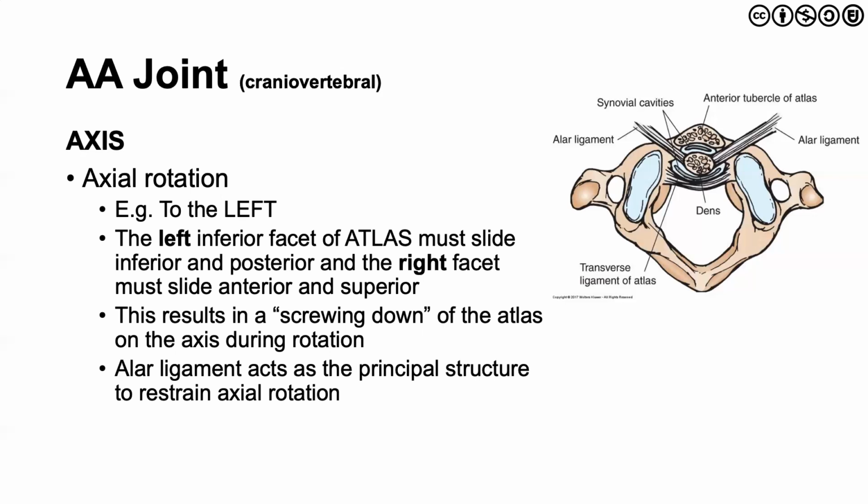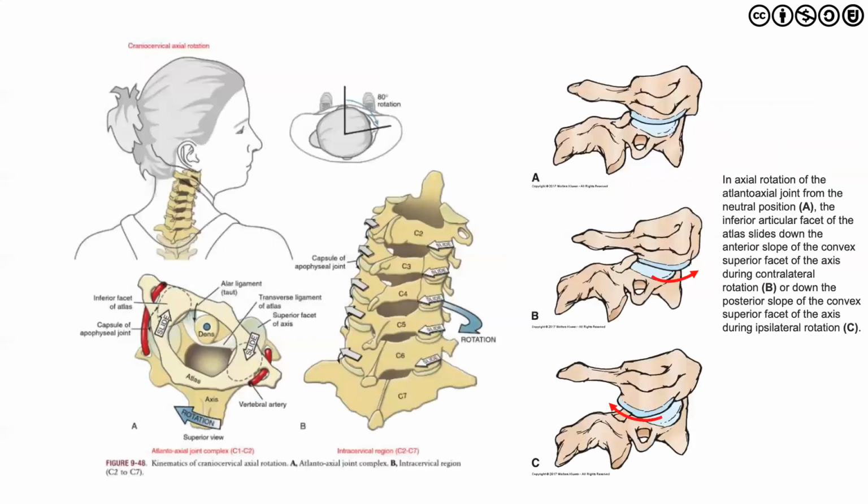And so this is a fairly stable motion. Again, we can see that illustrated here, where the alar ligament becomes taut as we begin to move into end range rotation. Additionally, you can appreciate the orientation of the articular facets as that element of rotation occurs.